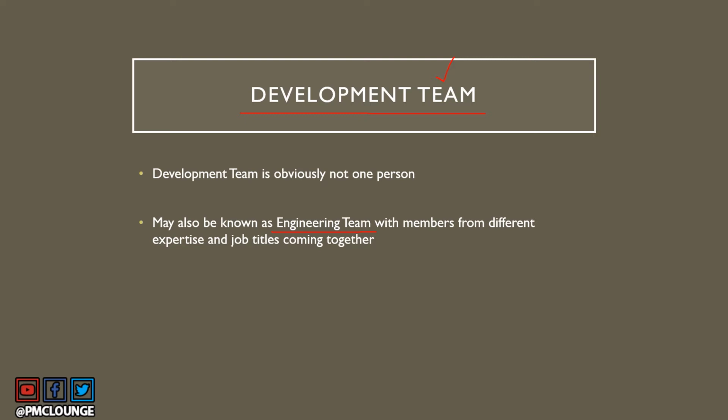Now, this team contains members from different expertise, and these folks may have different job titles as well, but all of them come together and they form an engineering team. They do the development work. You need to note that the entire development team, which means all the members of the development team, whatever their job titles may be, all of them participate in Scrum events.